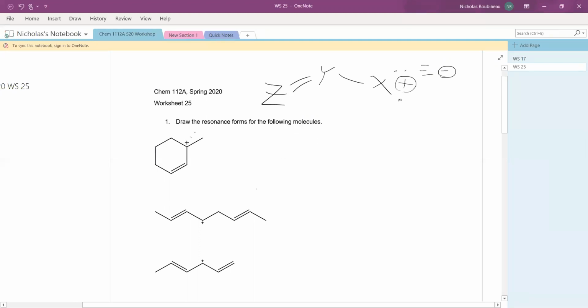So we have a positive charge right next to a double bond. And if it's a positive charge next to the double bond, then the double bond goes towards the positive charge. If that was a negative charge, it would go towards the double bond, but that's not what we're doing here.